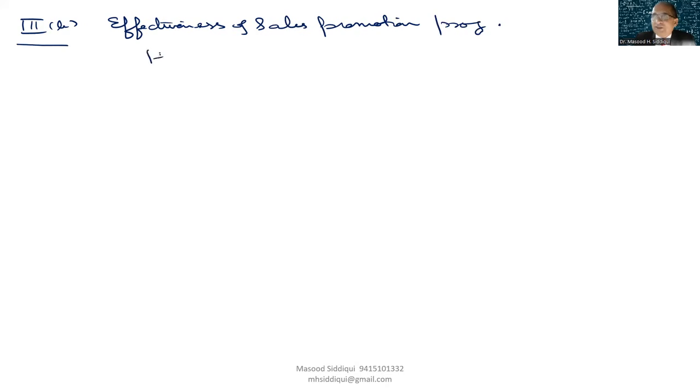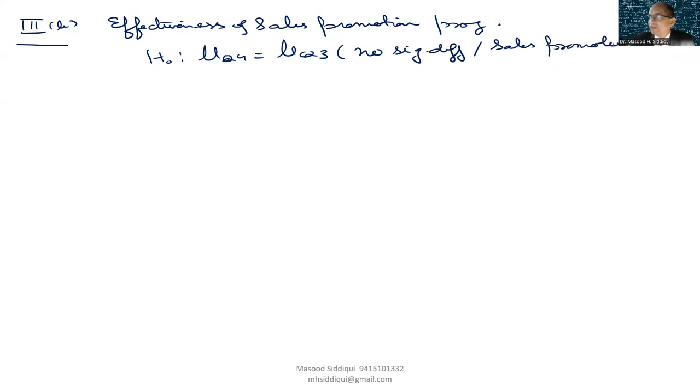Okay. So here we will be comparing the average sale of the fourth quarter with the average sale of the third quarter, right? So it means no significant difference, because the null hypothesis is proposed in that manner. So we can say that the sales promotion is not a success or a failure.